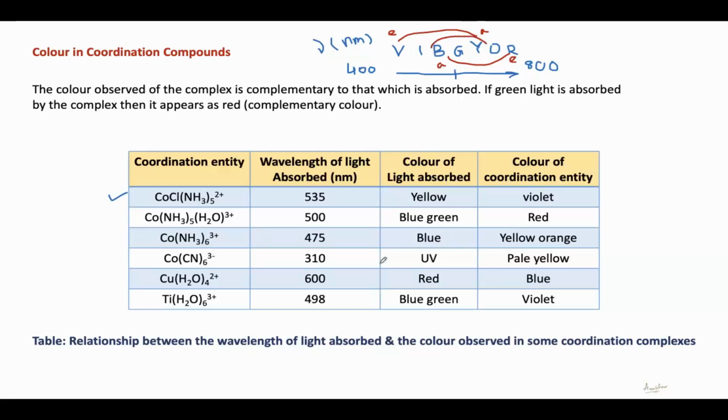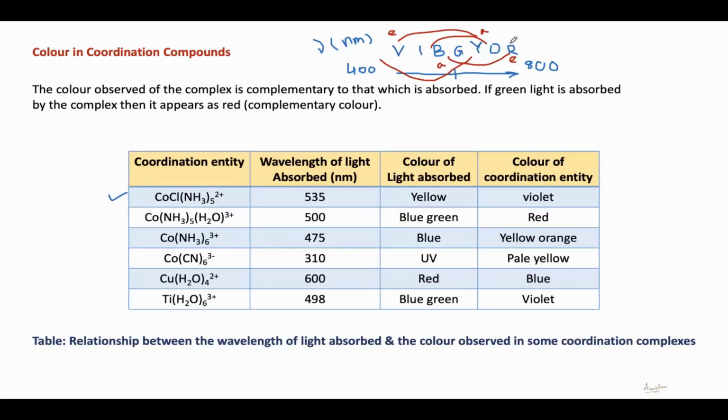In the next case, we are having this [Co(CN)6]3-, which is absorbing in the ultraviolet region. And the color shown is pale yellow. So it is absorbing in this and it is showing in yellow. This copper complex is having the wavelength in the red region, which is the 600 wavelength region, red.